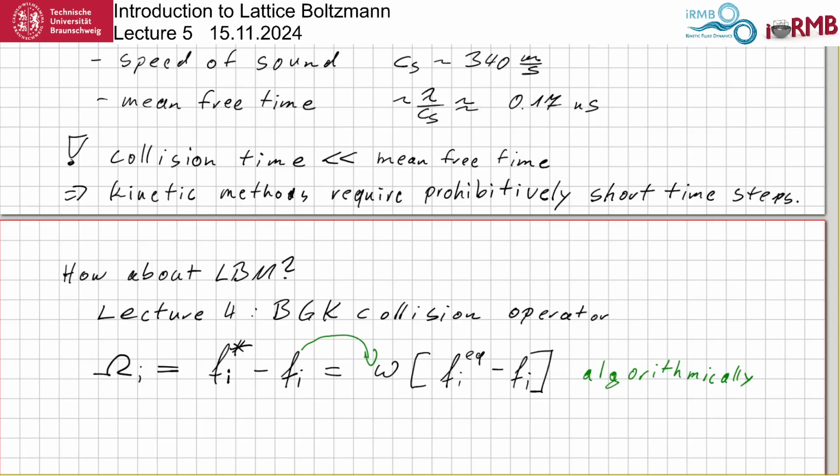It's algorithmically explicit, meaning we do not need to solve any equations. We just put in what we know and we directly get what we are looking for.